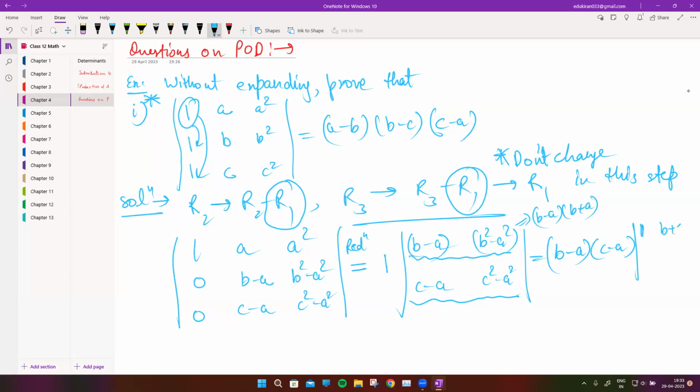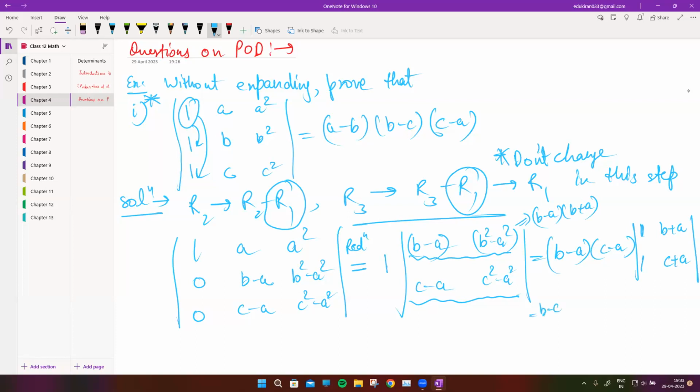So you are left with b plus a. You are also taking common c minus a, so you are left with 1 here and c plus a in this place. Now you can easily solve this as well.